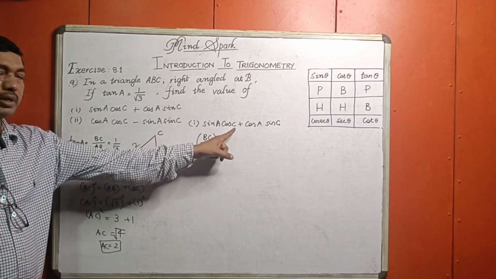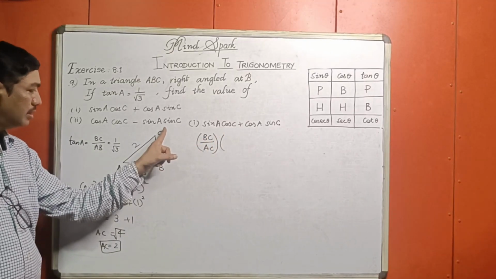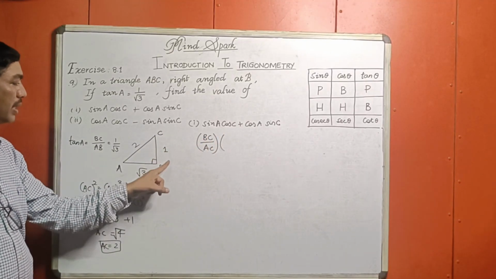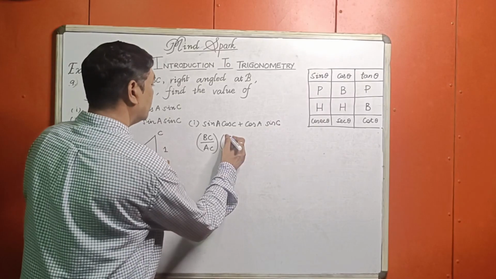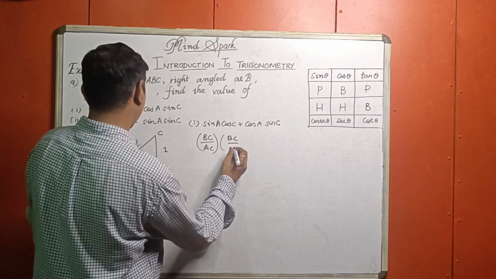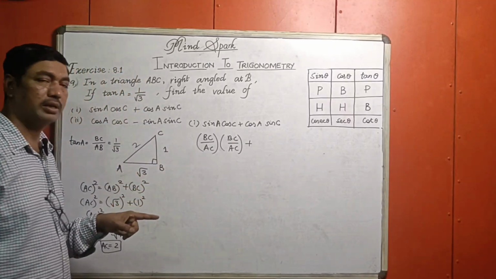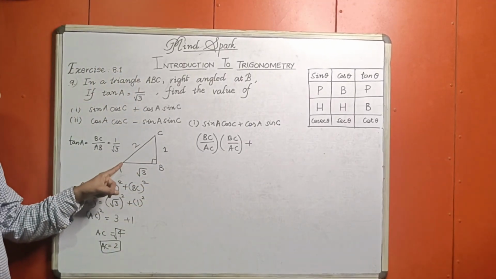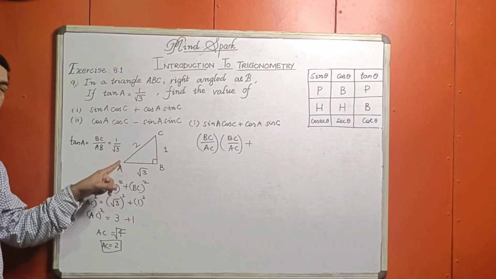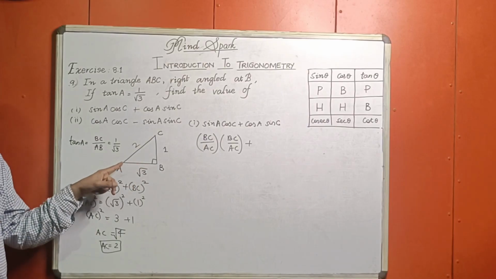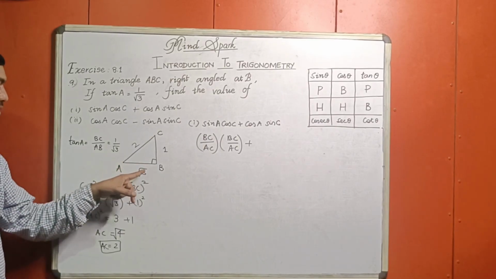When you talk about angle C, BC is the base, so it is BC by hypotenuse, that is AC, plus cos A. What is cos A? If you talk about angle A, AB is the near side to the A angle, that is the adjacent side.